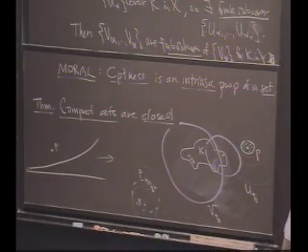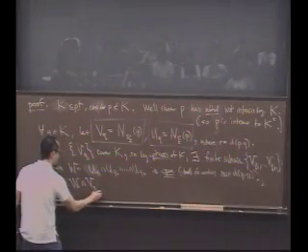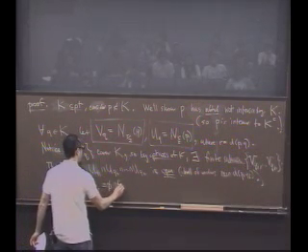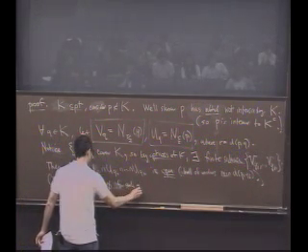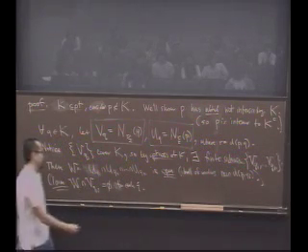So the claim is W intersect each V sub Qi is empty for each i. And why is that?